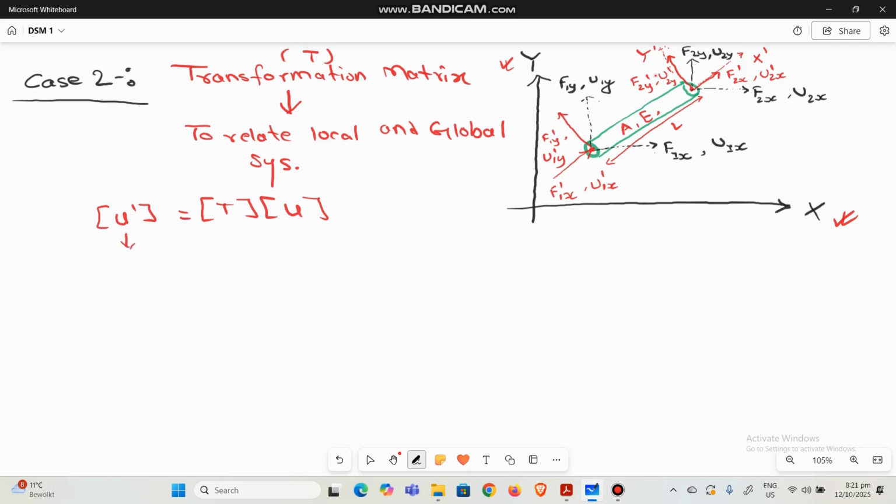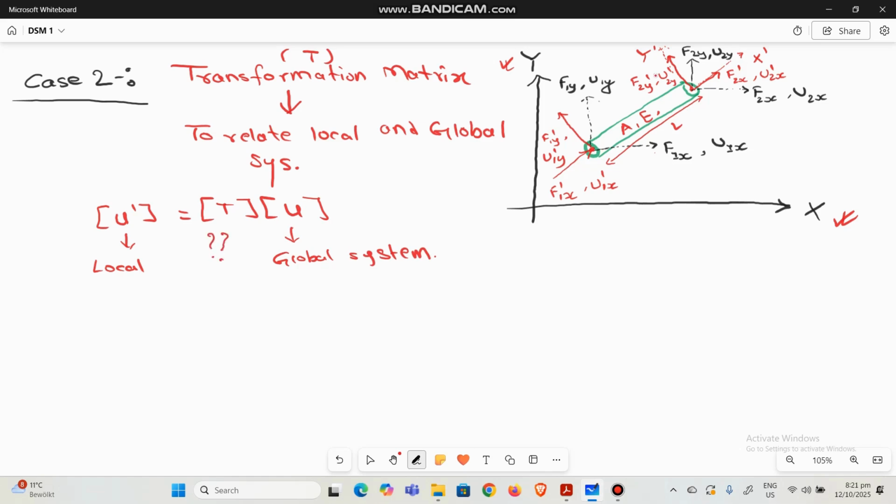So this is our local coordinate system, this is our transformation matrix, and this is in our global system.